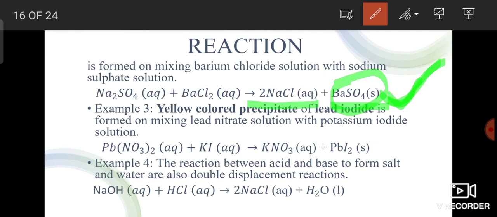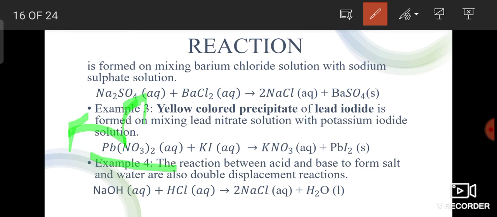Next example, this is also a precipitation reaction, but in this example a yellow colored precipitate is formed. Again we have taken aqueous solution of lead nitrate. Now what happens on being dissolved in water? It will also dissociate into its respective ions.